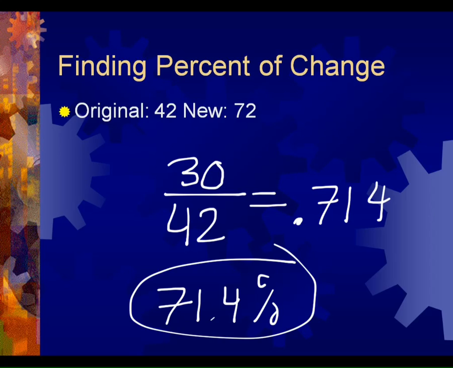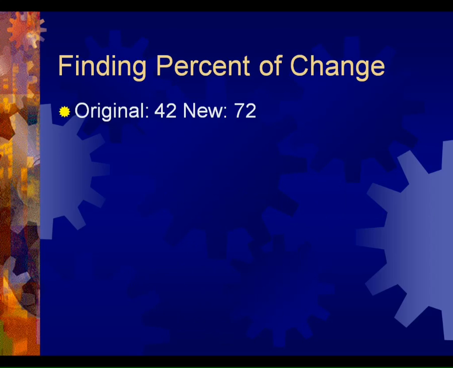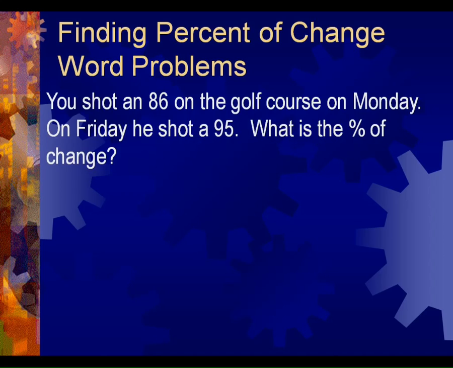Now, with word problems, it's the exact same thing. So you shot an 86 on the golf course on Monday, then you shot a 95. What's the percent of change? Well, first of all, is it a percent increase or decrease? Increase, I got worse, right? In golf terms, I got worse. Okay. So I want to find out how much did I increase. I take the amount that it changed.